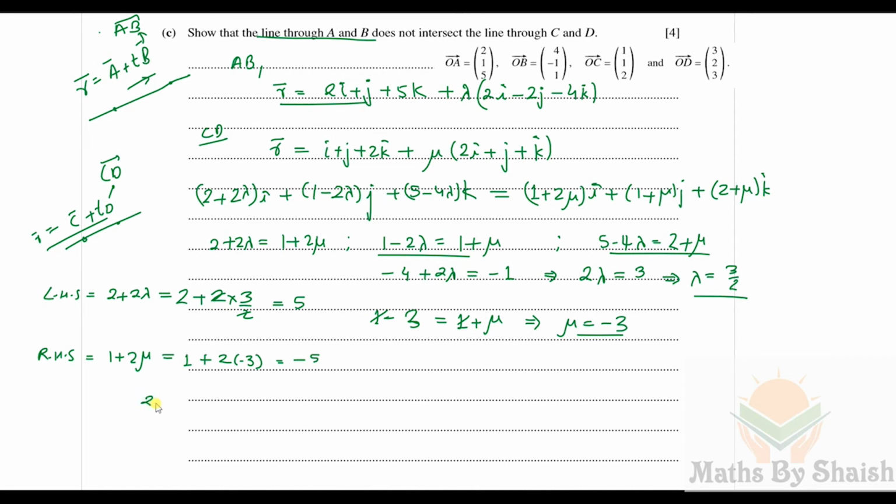So since 2 plus 2 lambda is not equal to 1 plus 2 mu for these values, hence they do not intersect. So I hope it is clear. Let's do the next question.